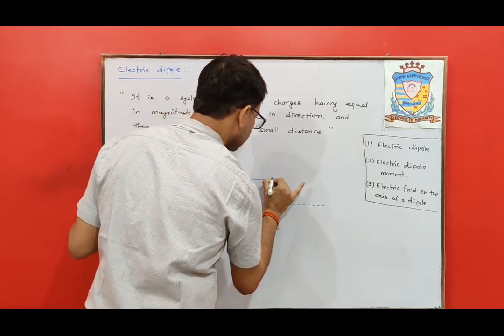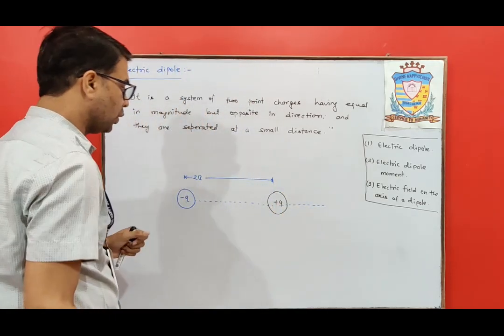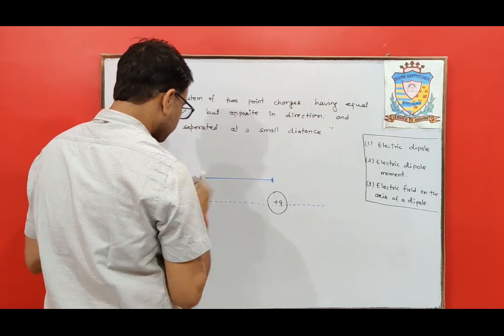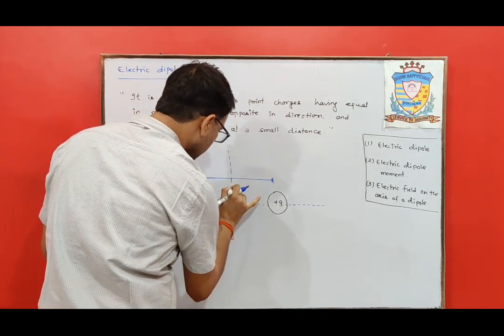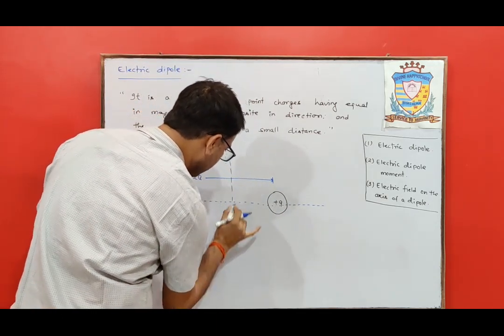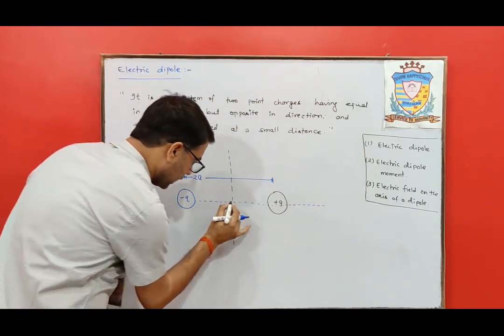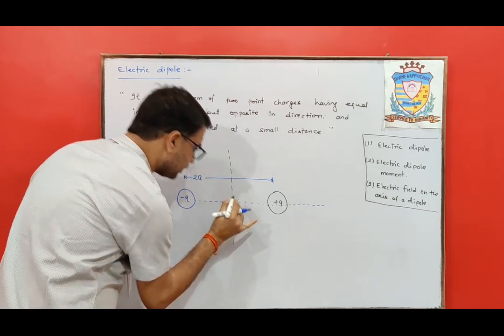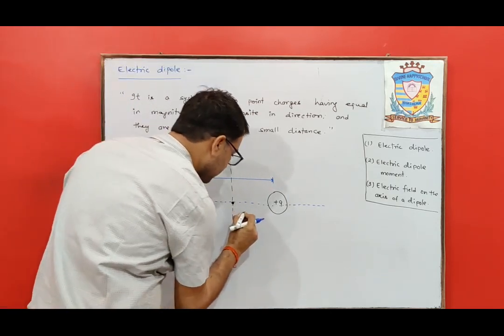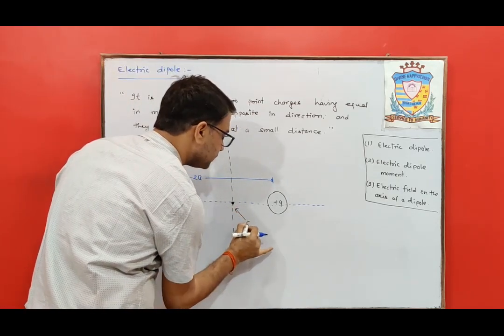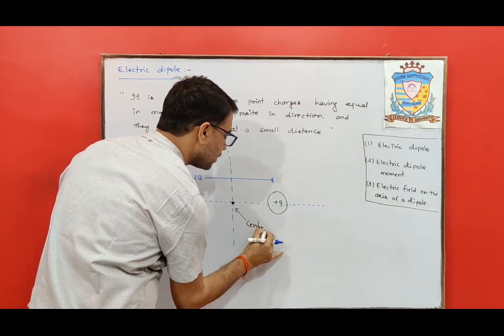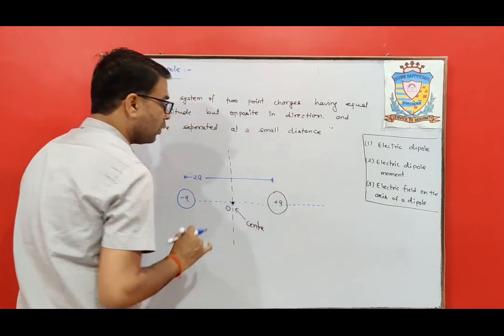Let the distance between the two charges be 2a. So we'll take a reference point from where we will measure each and every distance. This point is known as the center of dipole and it is denoted by O.